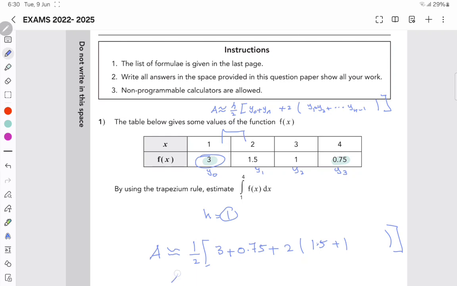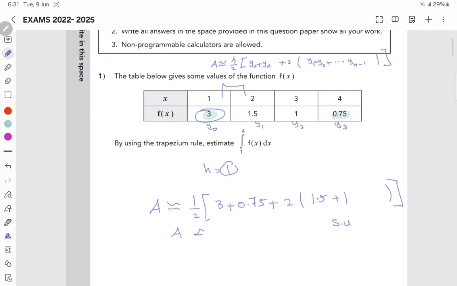Then insert that in your calculator to get the answer, and that is in square units because it's area. What is the final answer? It will be 4.375 square units. It's finished.